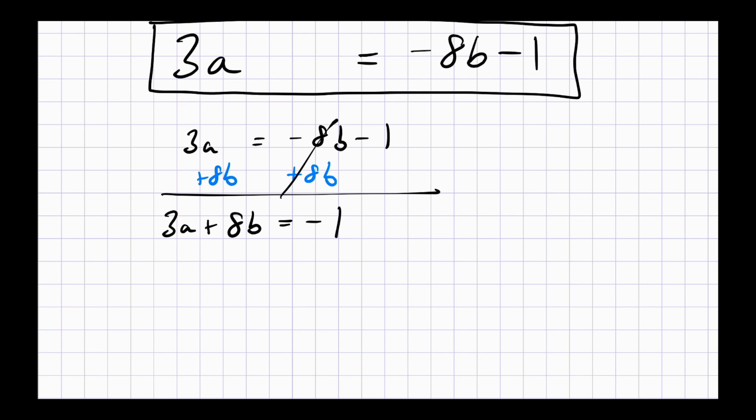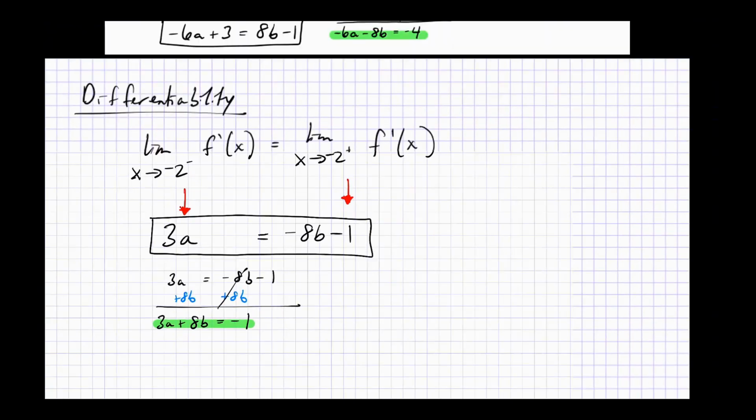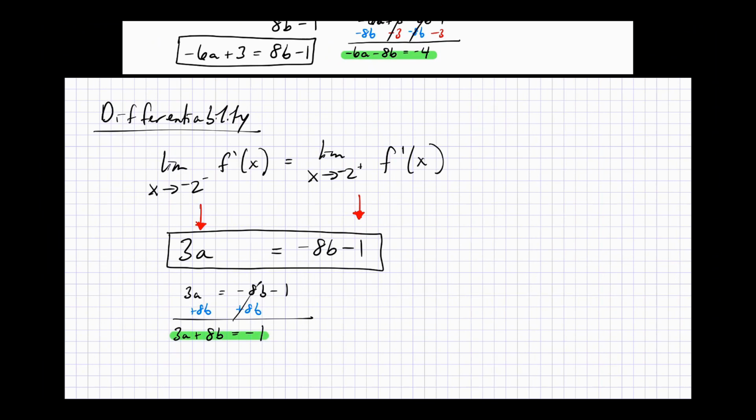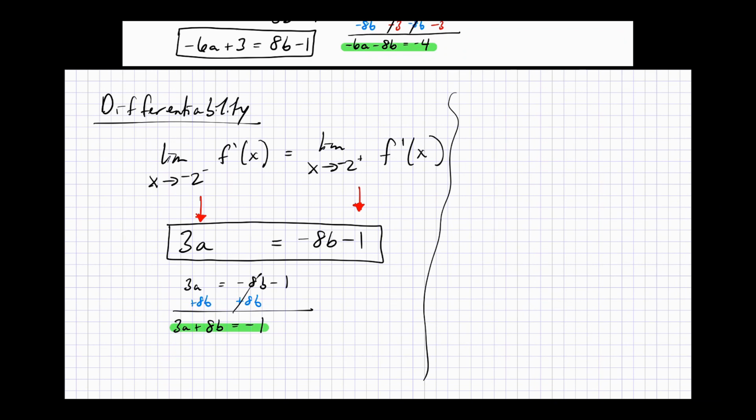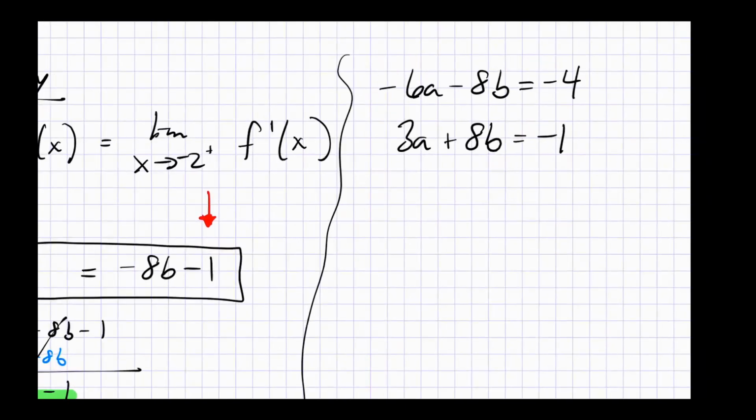I'm going to highlight that too. Now the two highlighted equations look very similar, so I'm going to stack them on top of each other over here where I have room: -6a minus 8b equals -4, and 3a plus 8b equals -1.